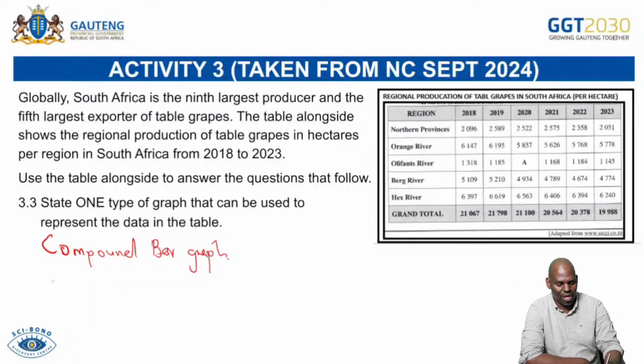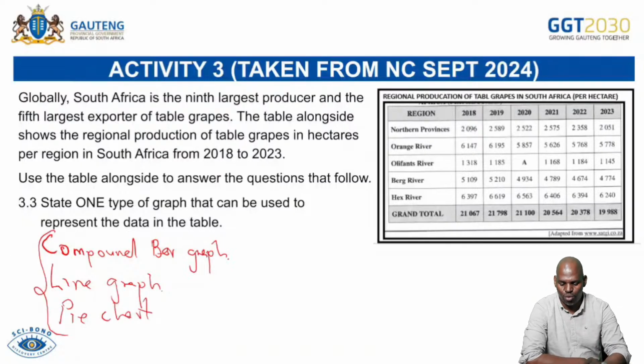But someone else can say, what about line graph? I can also use line graph. You can also use a pie chart. Okay, so if you look at this information, the compound bar graph, that is where you're going to say 2018, and then you compare Northern Province, Orange River, always. So it means it's going to have 1, 2, 3, 4, 5 for compound bar graph.